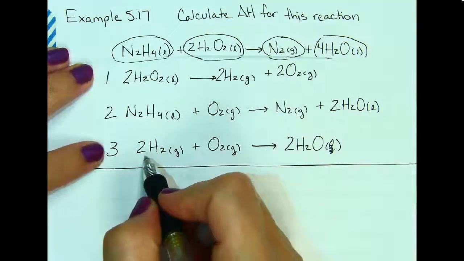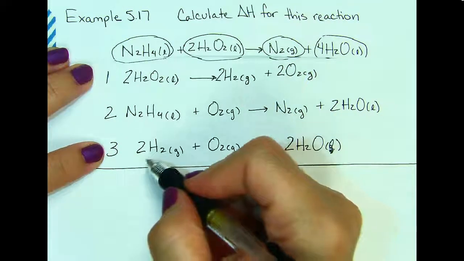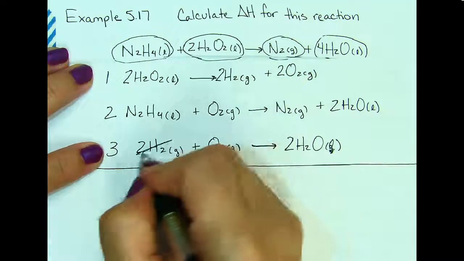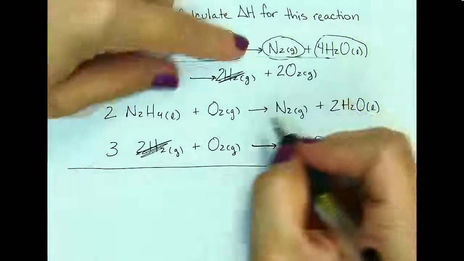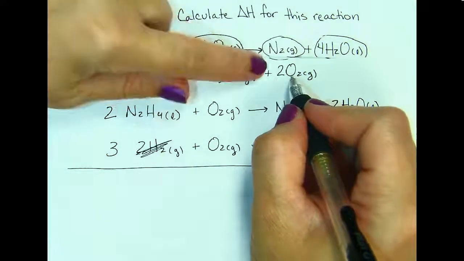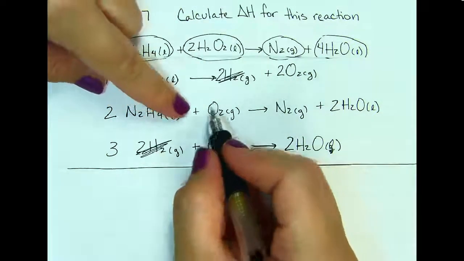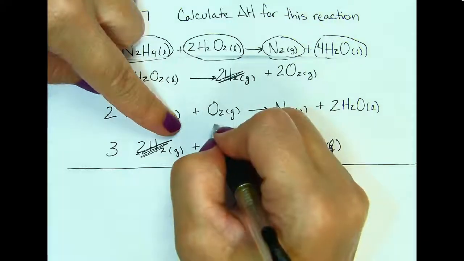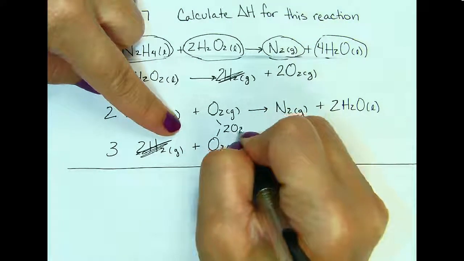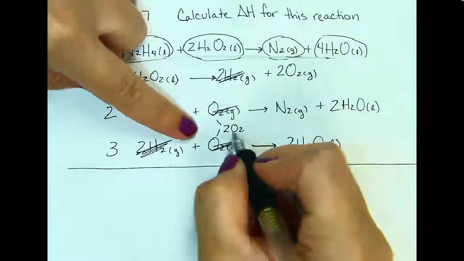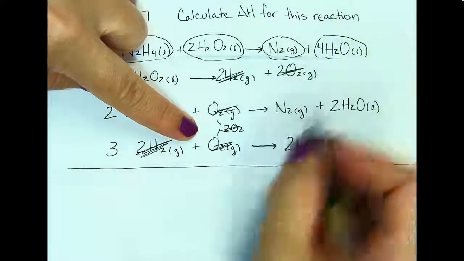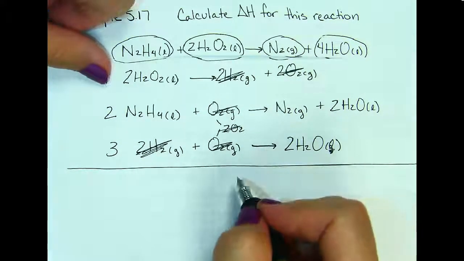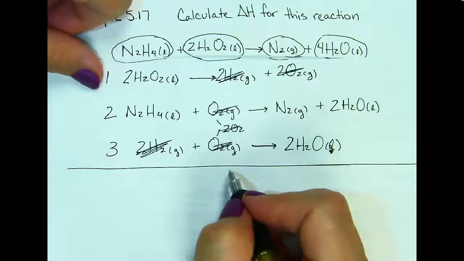These 2 hydrogens cancel with these 2 hydrogens, reactant side versus product side. Notice that I have 2 oxygens as a product over here, and I have these 2 which combine together to form 2 O2s over here. So these 2 are going to cancel out with those 2. And that's everything I need to cancel.